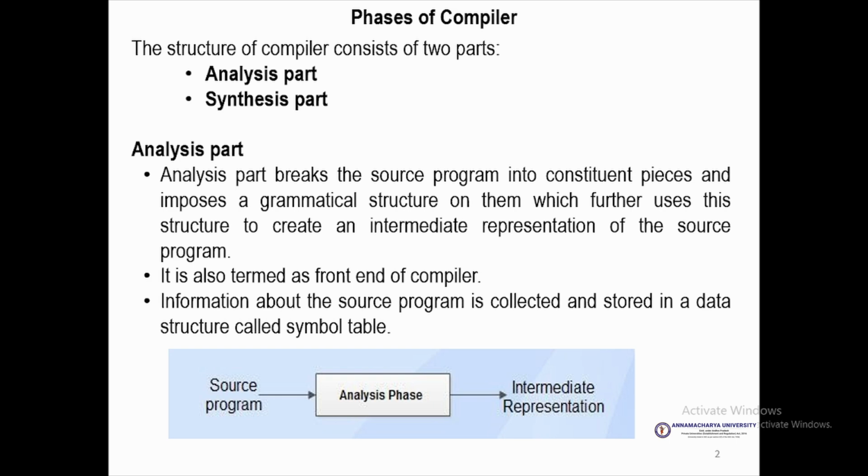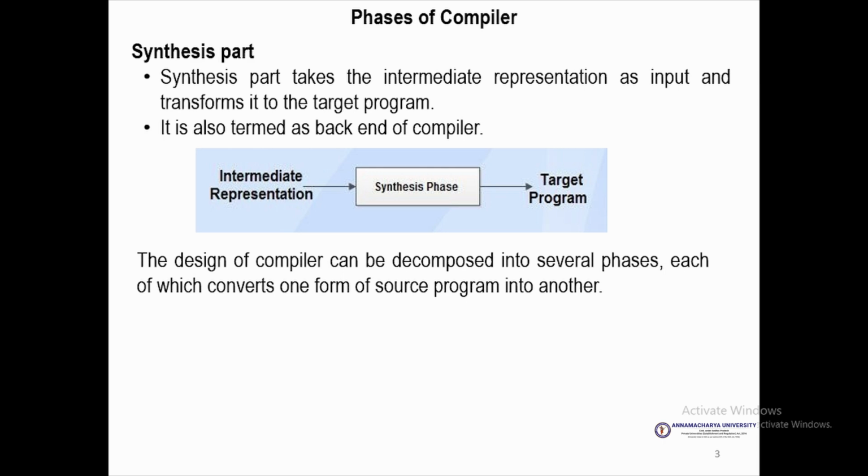Information about the source program is collected and stored in a data structure called the symbol table. So the source program is received by the analysis phase, which generates the intermediate representation. The synthesis part is the second part of the compiler.